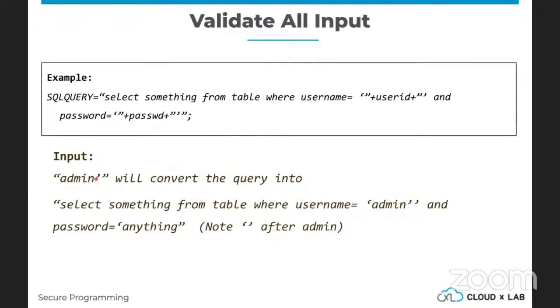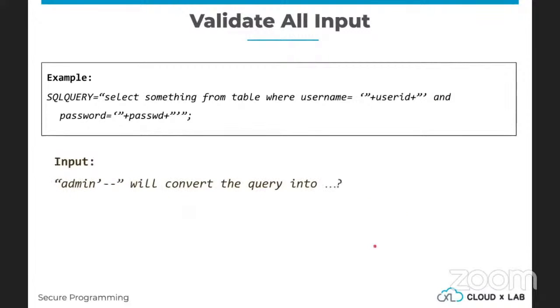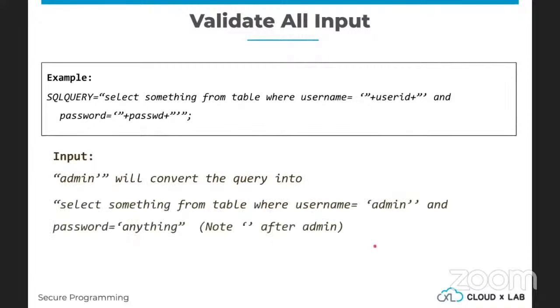Because we entered an extra single quote here. This single quote is coming from here, this single quote is coming from here, and this single quote was entered by the user. So this would throw a SQL error.